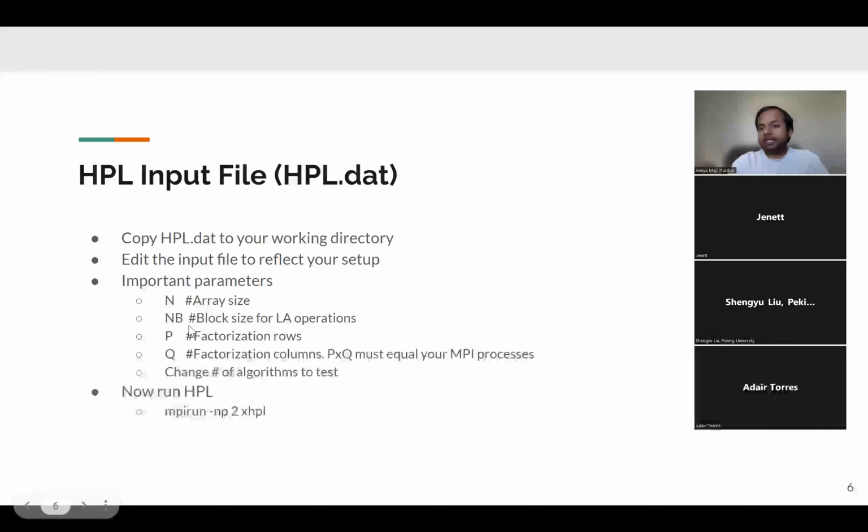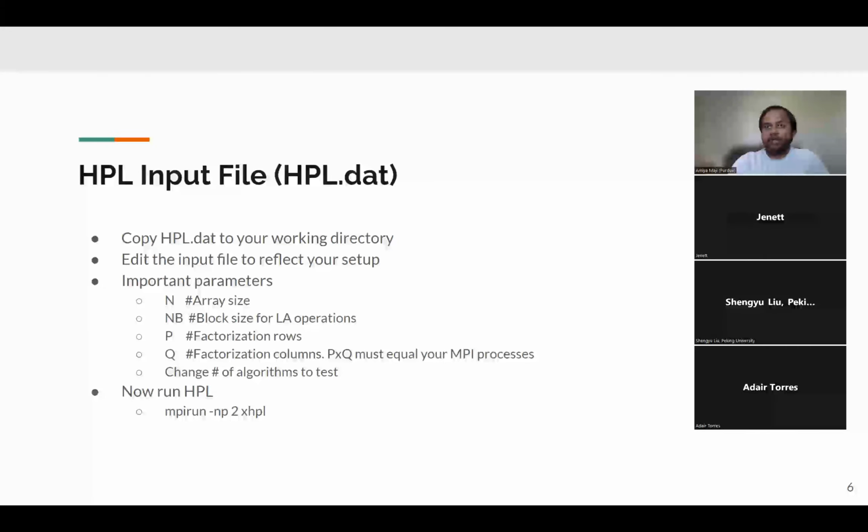Then there is the block size of computation. This NB is basically the block size on which the algorithms in HPL are operating, and that can make some difference in your performance. So you can try different block sizes and see which one gives you the best HPL performance. And then P and Q are basically the factorization of the matrix, and essentially your number of MPI ranks should match P times Q, right?